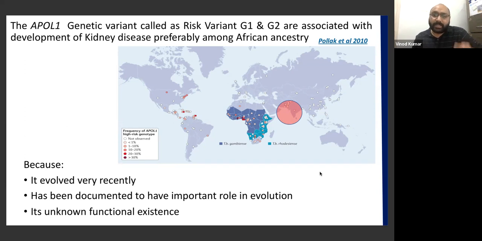And till date, many mechanism has been proposed, but still very less has been known about this protein.